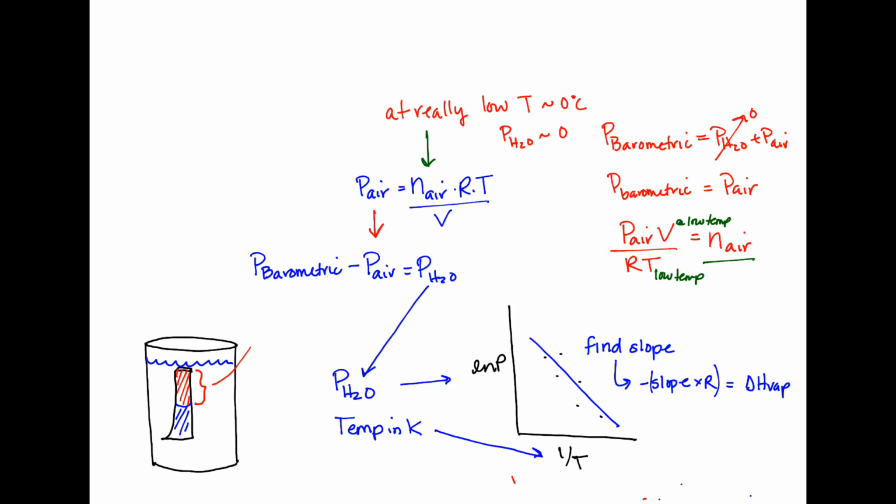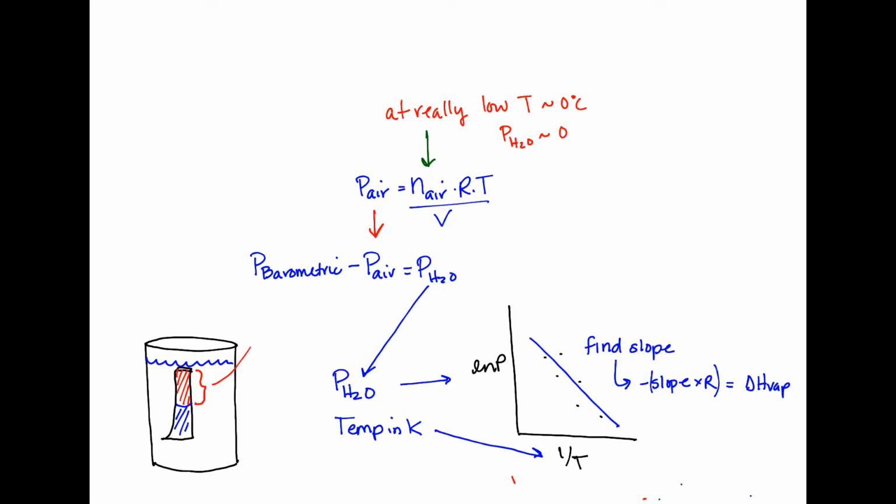So I'm going to clean that up a little bit, just rewrite this so that we can keep track. So we're going to use the low temp and volume to find the pressure of air, to find the moles of air.